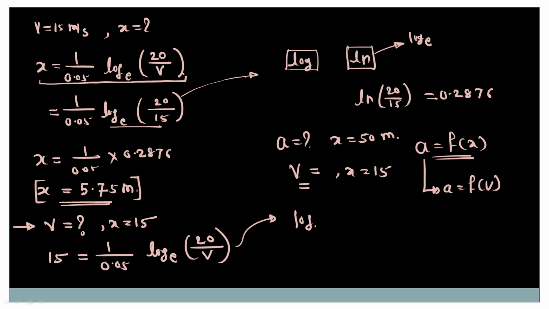First get the value of log to the base e of 20 upon v, that is equal to 50 into 0.05, so this is 2.5. To solve this, we can write this log equation as 20 upon v equal to e raised to 2.5. So get the value of e raised to 2.5.